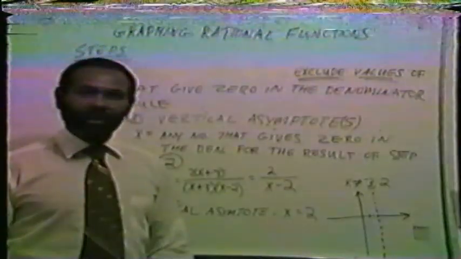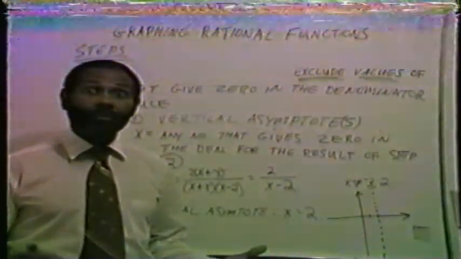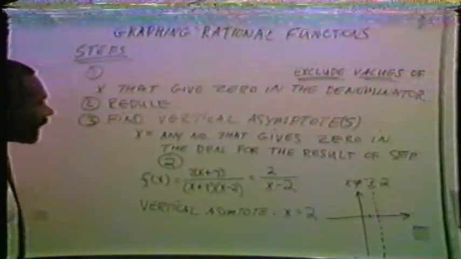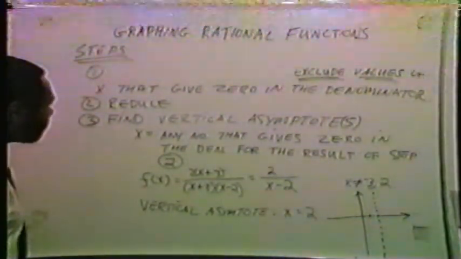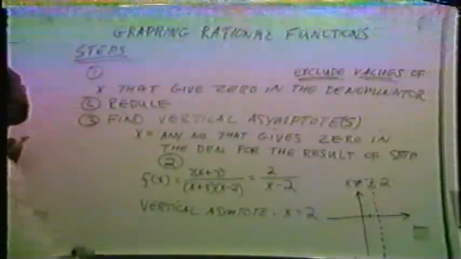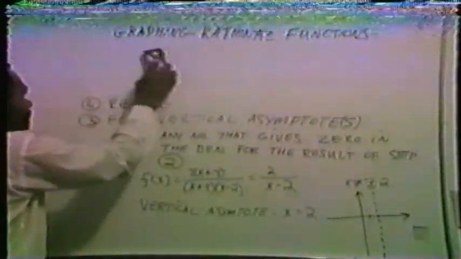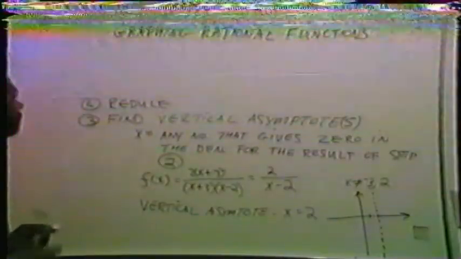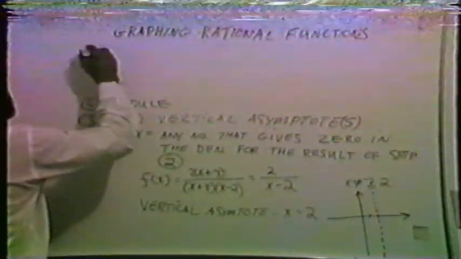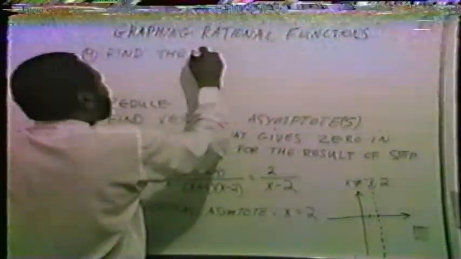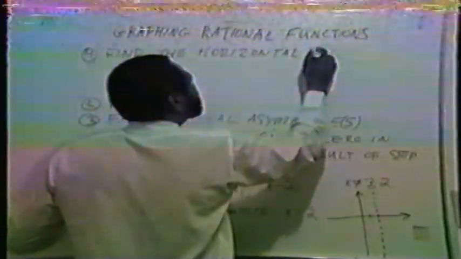So you have to find the vertical asymptotes, or asymptote. You might have 1, you might have 2, you might have more than that. Now, after you find the vertical asymptotes, then you have to find the horizontal asymptotes. So for step number 4, you have to find the horizontal asymptotes.